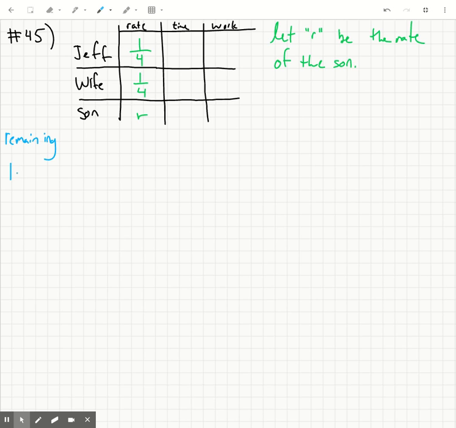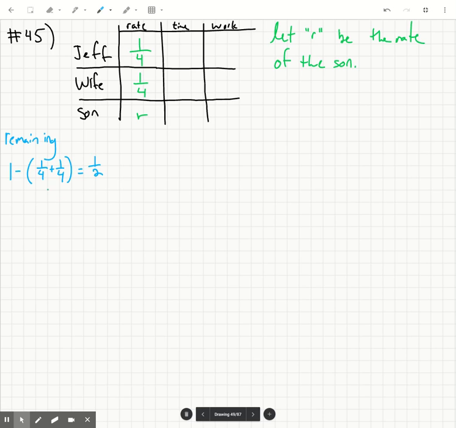So 1 minus the combined work that they do together. It's a fourth plus a fourth, which is a half, right? 1 hour times 1/4, rate times time, is a fourth. The wife and Jeff both do the same amount. So that is just going to be a half remaining.